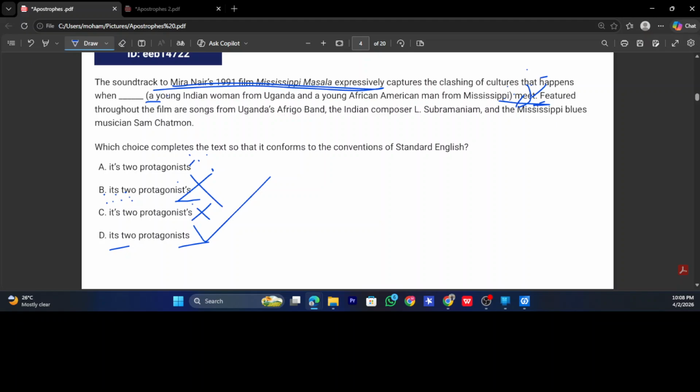D is the right answer because the singular possessive determiner its agrees in number with the singular noun phrase, and the plural noun protagonist correctly indicates that there are multiple protagonists. Okay.